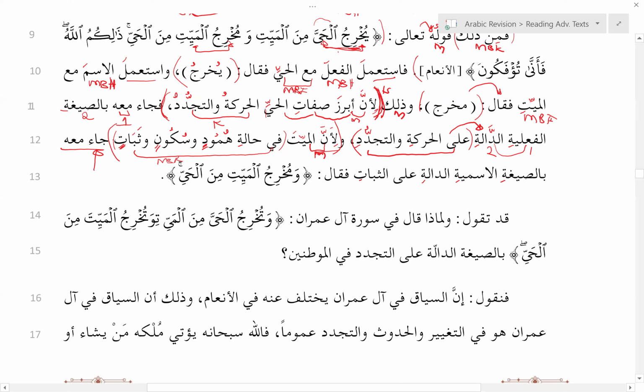So he brought with it the nominal sentence that deals with الثبات, with permanence. Why? Because الميت في حالة همود وسكون وثبات. So this is لام التعليل, lam of because. Or in English, you can translate it the way it is: ولأن الميت في حالة همود وسكون وثبات.